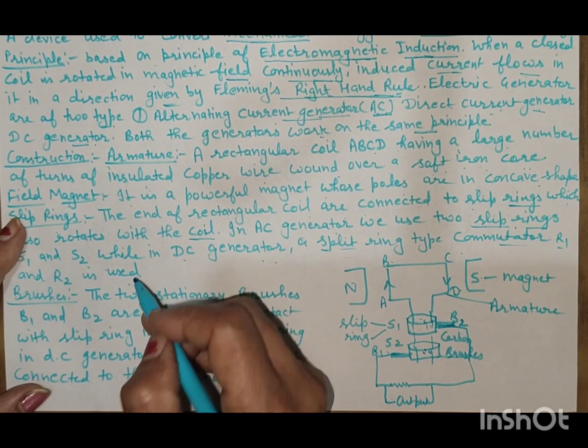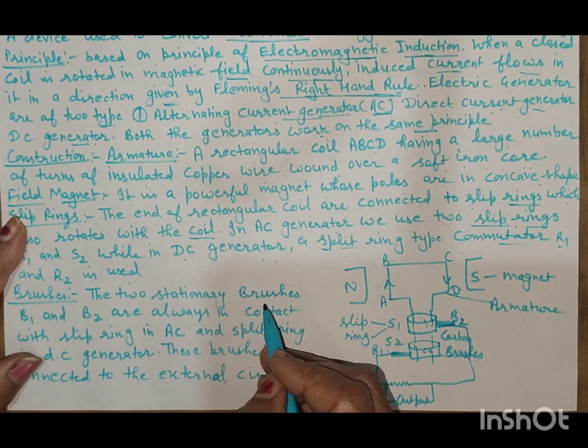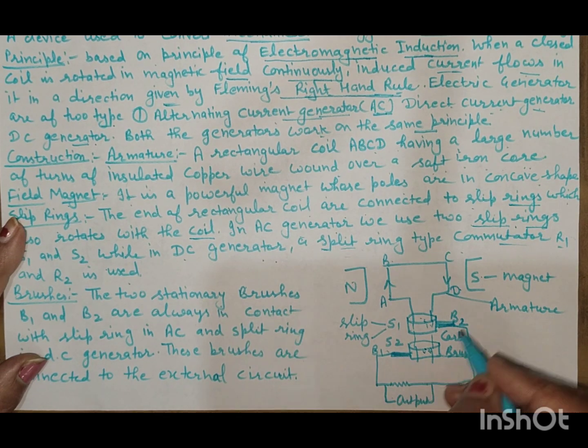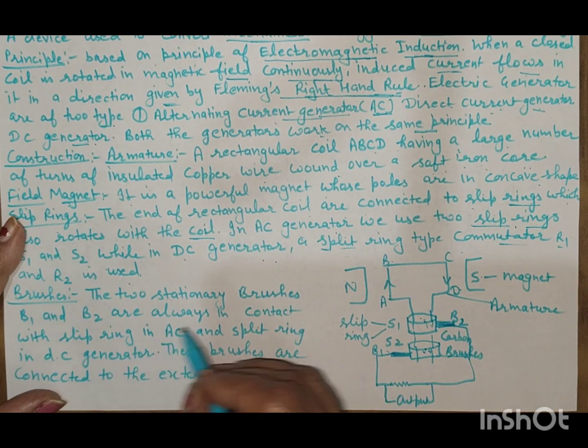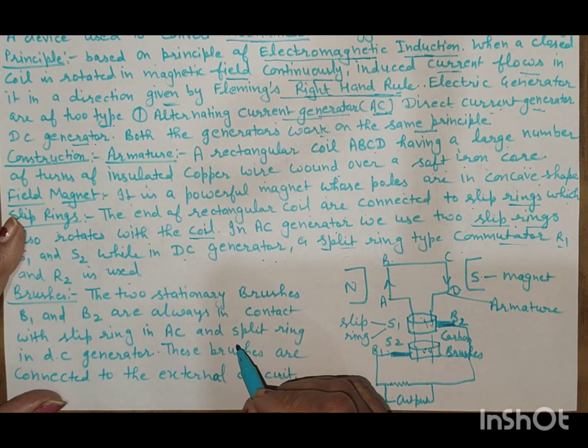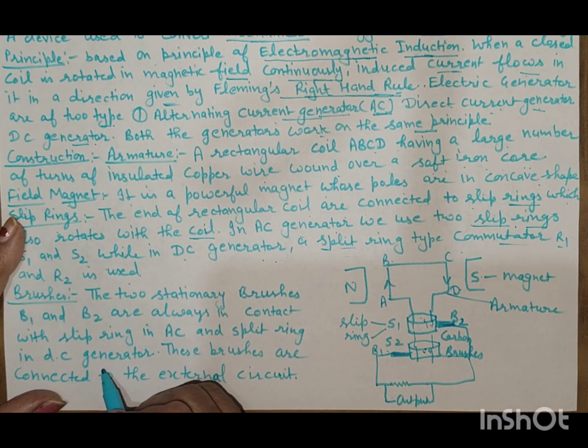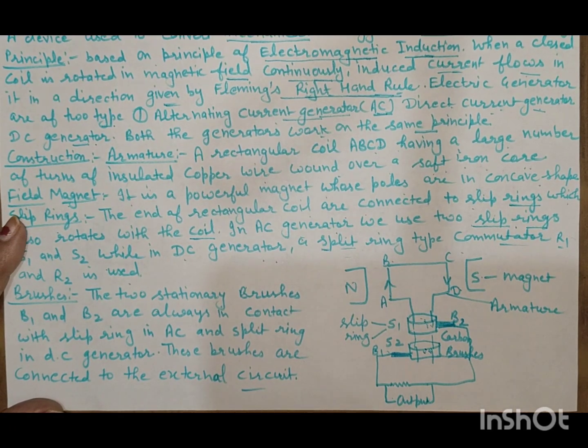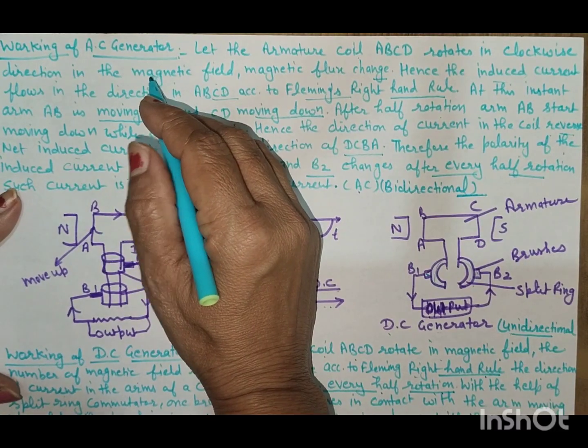Brushes. These are the two stationary brushes, B1 and B2. The two stationary brushes are always in contact with the slip rings in the AC generator and the split rings in the DC generator. These brushes are connected to the external circuit, that is the output of the AC generator.